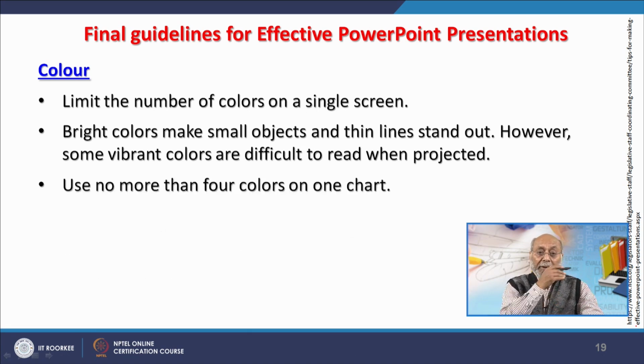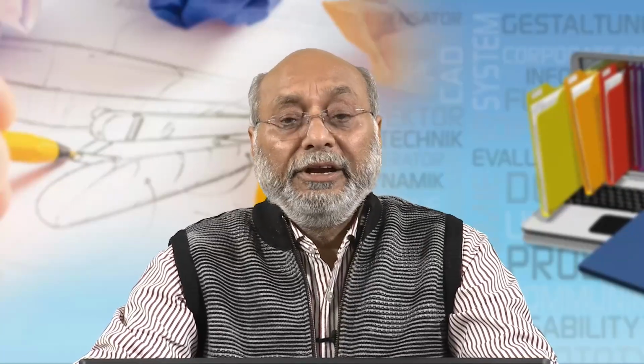So, this is a very important thing. Do not keep too many colors or too many changes in your slides, except the content, because this is what you are trying to communicate to the audience, rather than distracting them through colors, fonts, animations, and appearance when one slide goes and another comes. These things are not good.